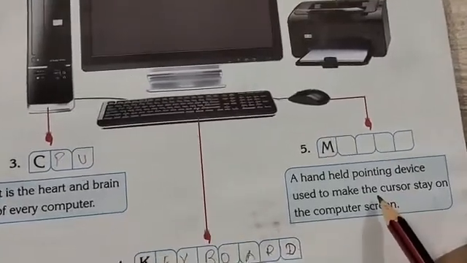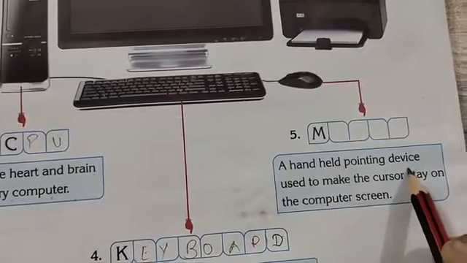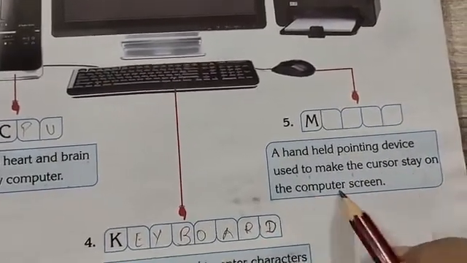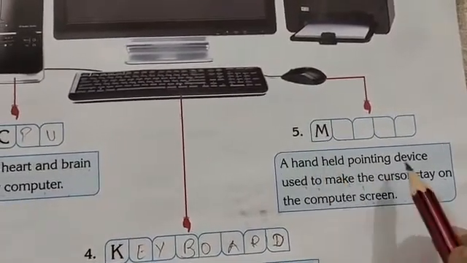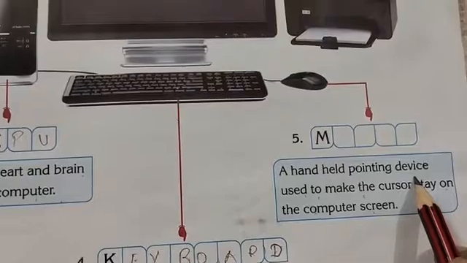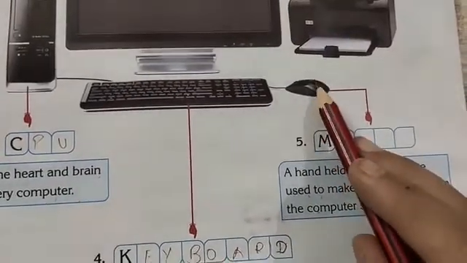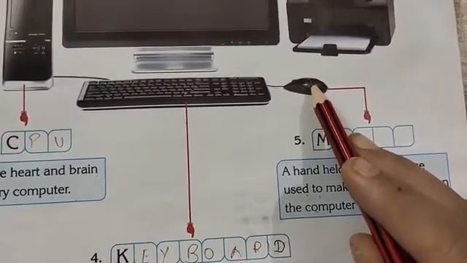Fifth, a handheld pointing device used to make the cursor stay on the computer screen. As I told you, it has two buttons, left side and right side.